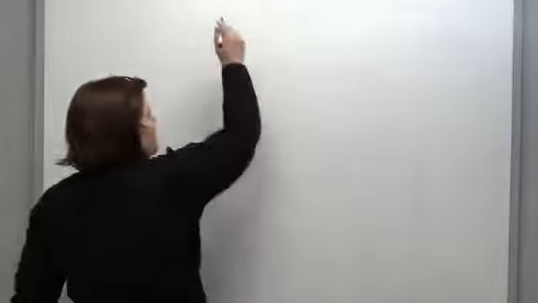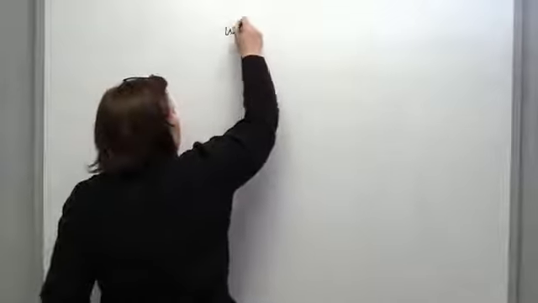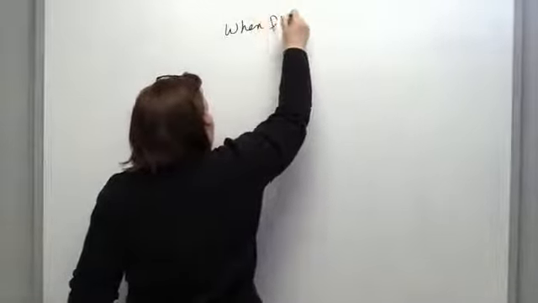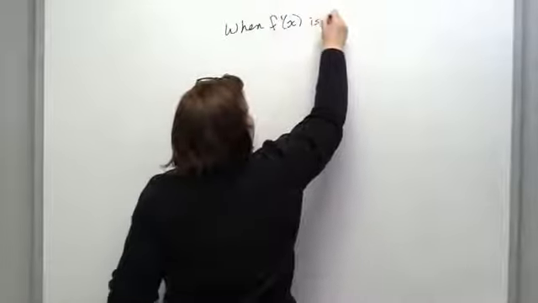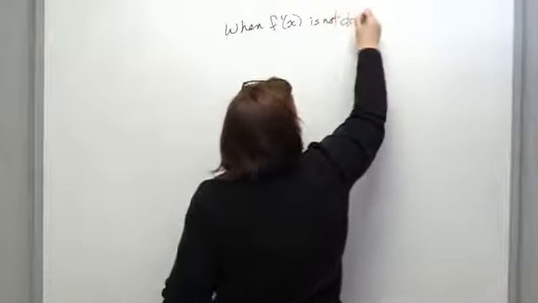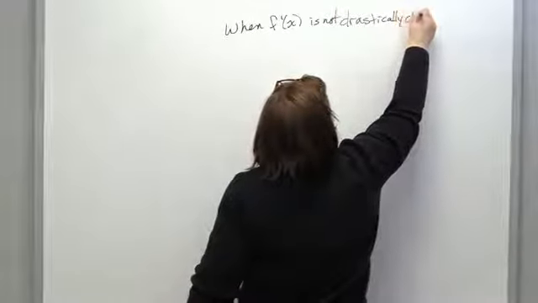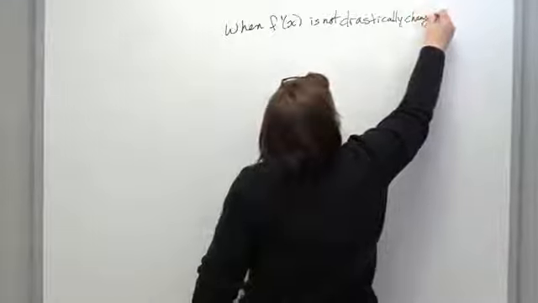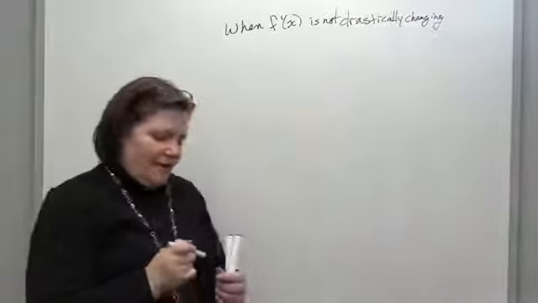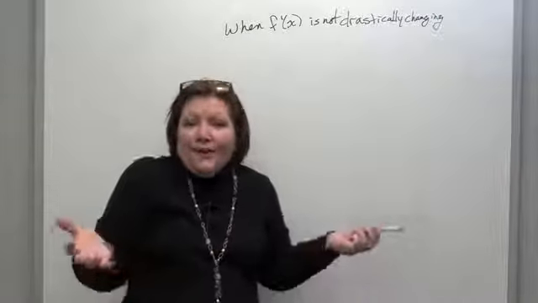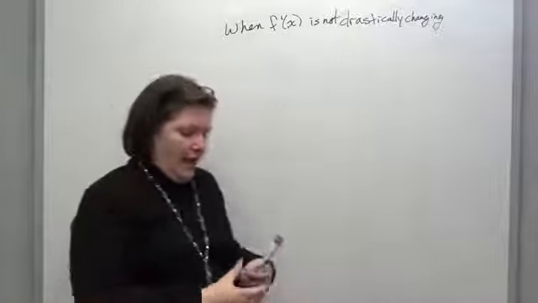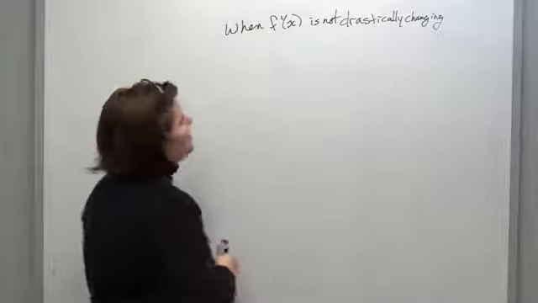And so what the book says is when f prime of x is not drastically changing, which is a little bit uncomfortable because what do they mean by that? What is a drastic change? Well, we'll explore that as time goes on throughout this class.